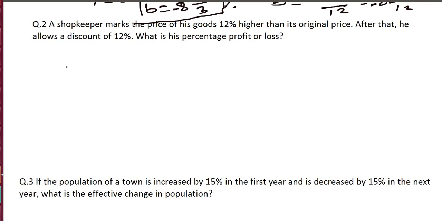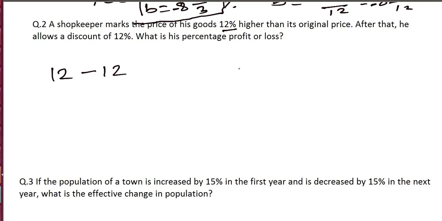So the cost price is increased by 12%, and then a discount of 12% is given. That means successively the price is getting changed. Initially the price is changed by 12, and then it is decreased by 12. That means minus 12. I have the formula A plus B plus AB by 100.